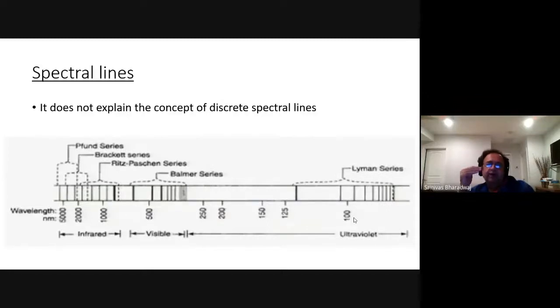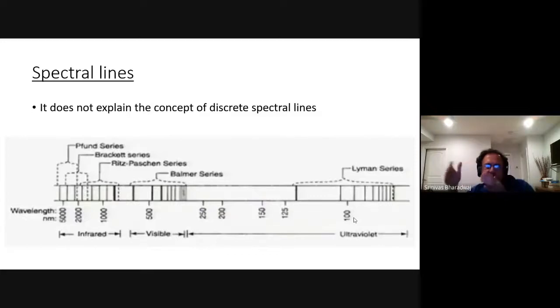So now it also did not explain the discrete nature of these spectral lines: Balmer lines, Lyman series of lines, Ritz-Paschen lines, Pfund series of lines. There were all these spectral lines that formed the VIBGYOR spectrum, right?